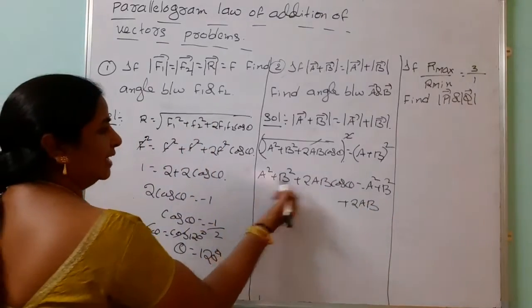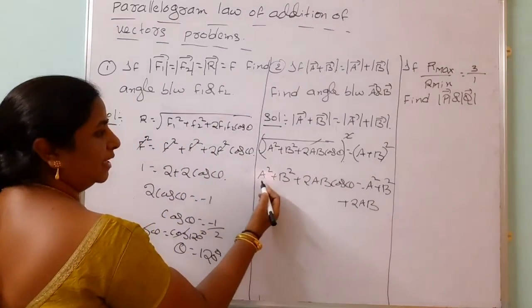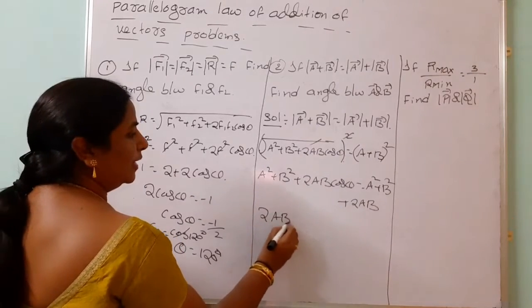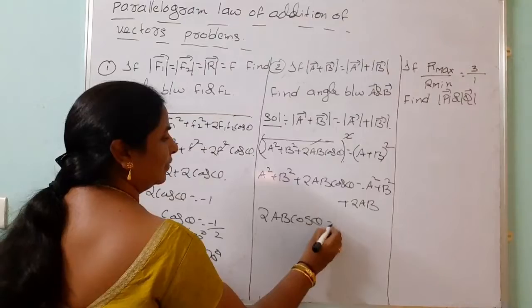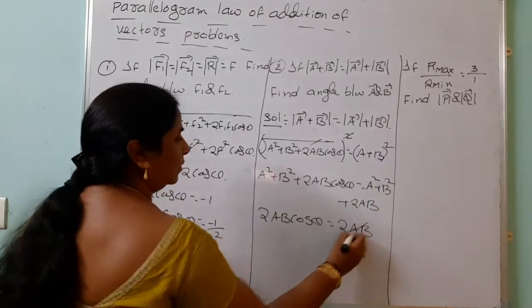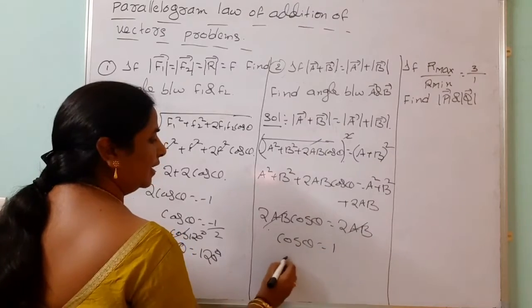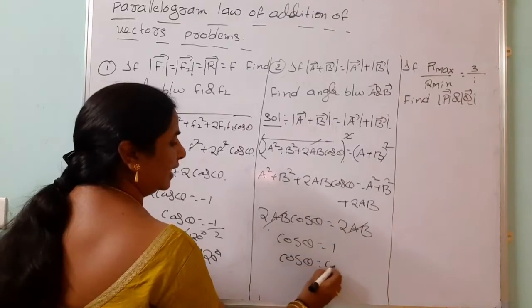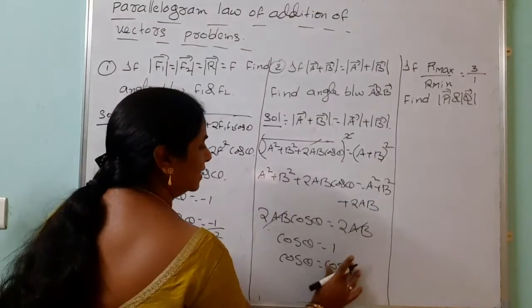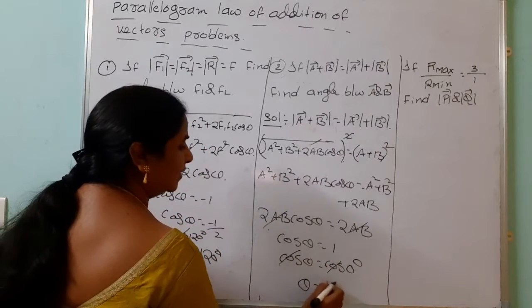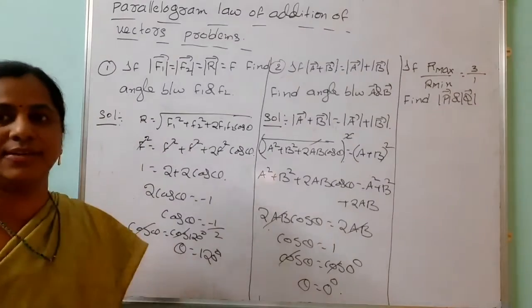A square and B square cancel. Remaining is 2AB cos theta equals 2AB. 2AB cancels. Cos theta equals how much? 1. Instead of 1 we write cos 0 degrees. So cos cancels. What is the angle between them? Theta equals 0 degrees.